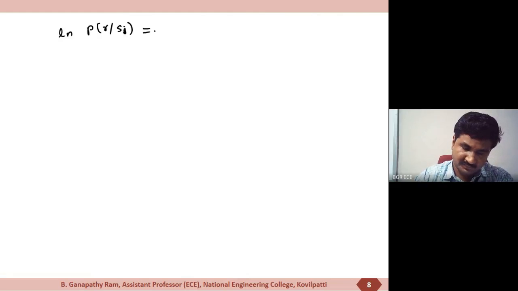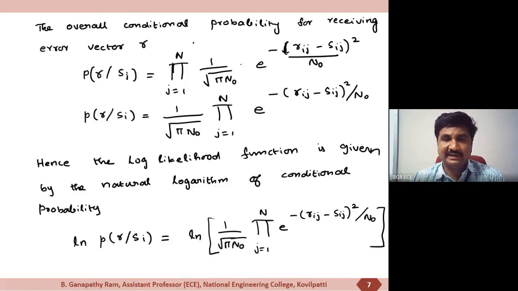Which can be represented as we are having n number of product terms. So during the application of natural logarithm, the product term will become the sum terms.